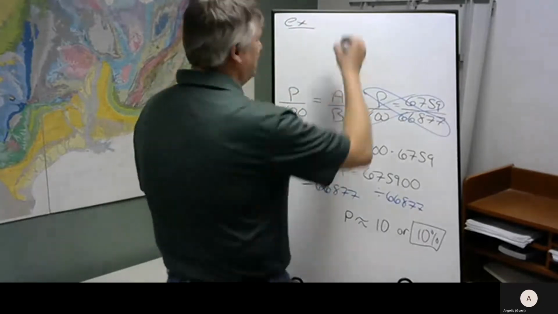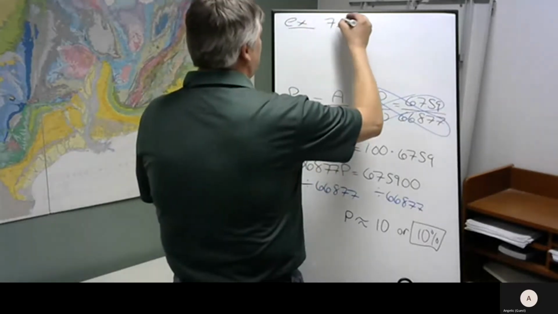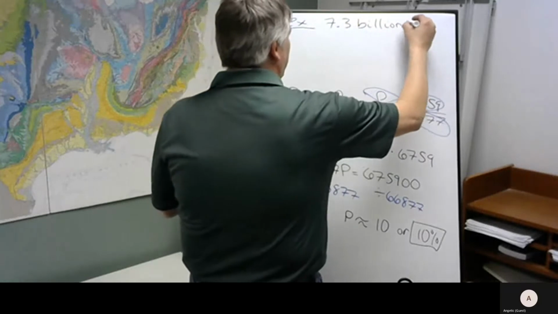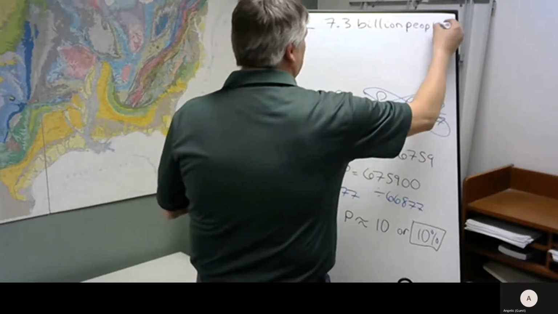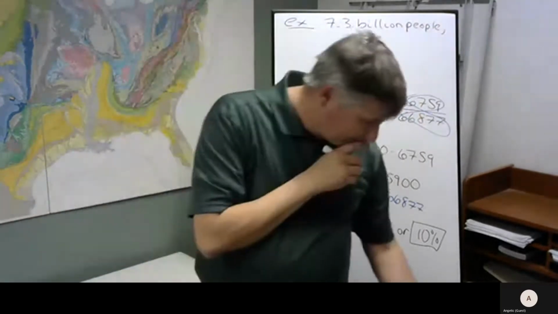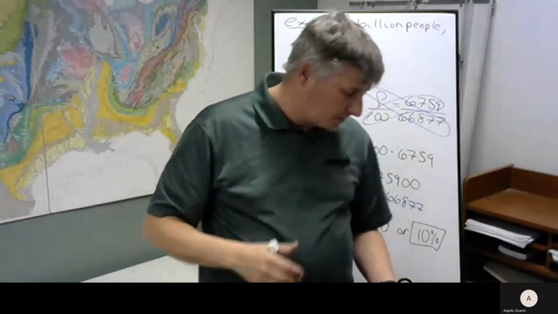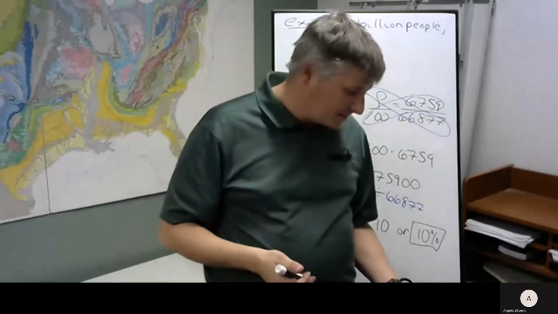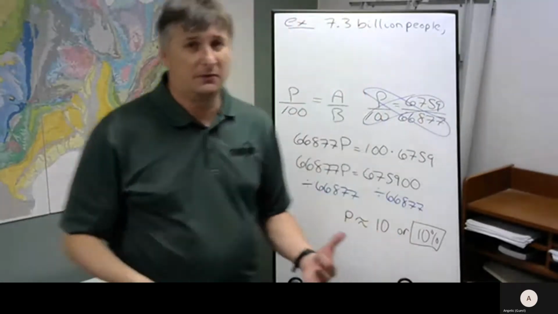So let's say we have this. Let's say there's 7.3 billion people. 32% of this 7.3 billion do not have access to improved sanitation facilities.